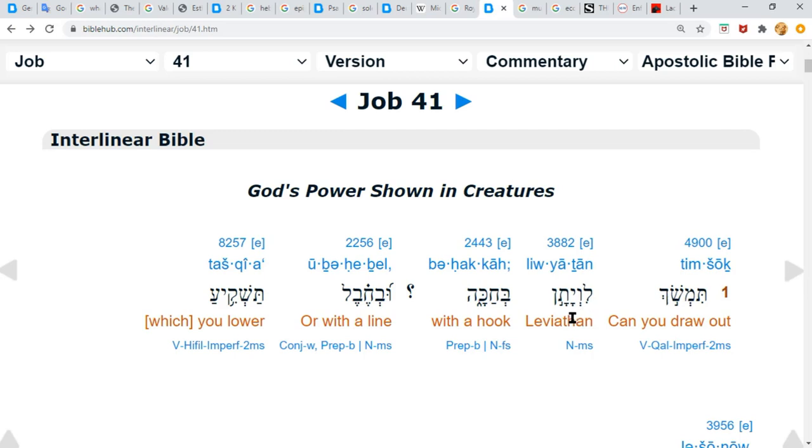And so anytime we fish, and if we catch a really big fish, that's what we call it, a monster. And so what this says is times give Leviathan back. And sometimes you got to throw the big fish back. Times give Leviathan back.